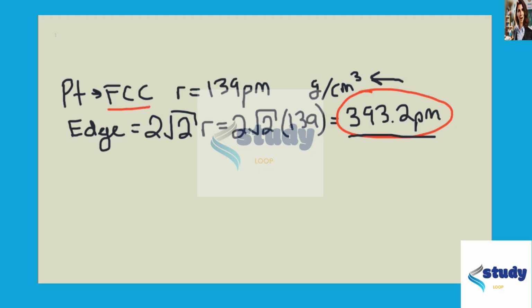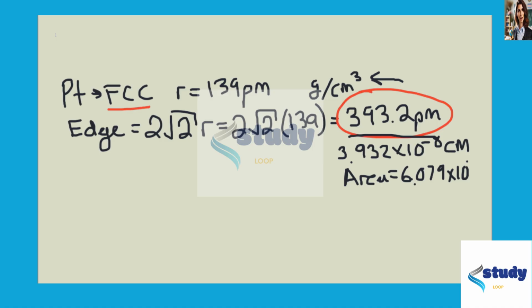Because we can take this 393.2 picometers and convert that to centimeters, which is 3.932 times 10 to the negative 8th centimeters, which means that the volume of this unit cell, if we cube that number, is 6.079 times 10 to the negative 23 cubic centimeters.